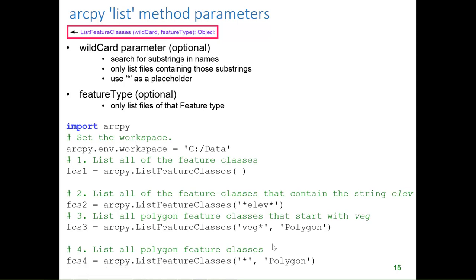And there won't be any, probably. So if you're going to use the second parameter and you don't want to use the first one, you have to put a placeholder in there with that star in quotes, because it's a string. It does mean anything goes. Any name, pick the polygon feature type ones.